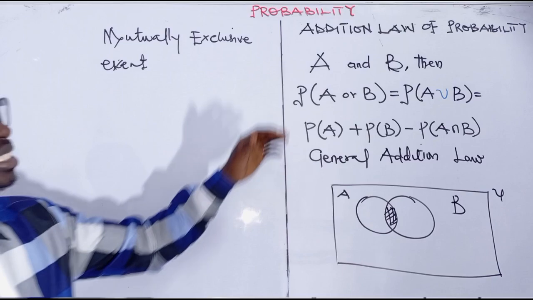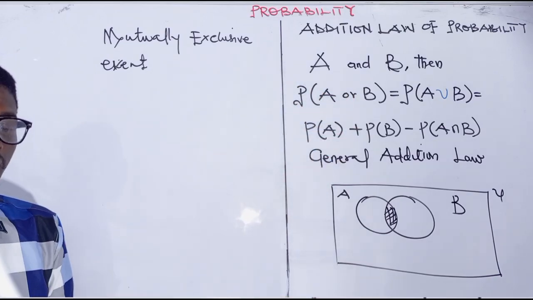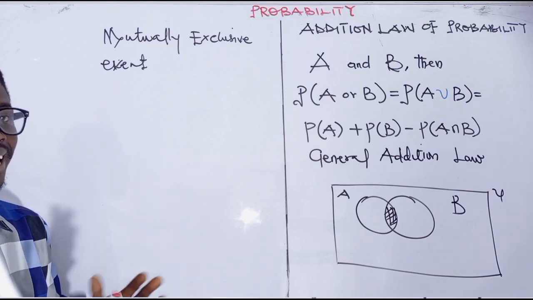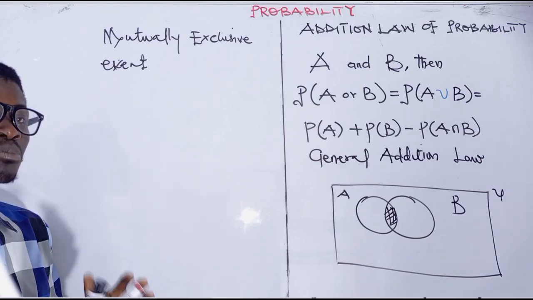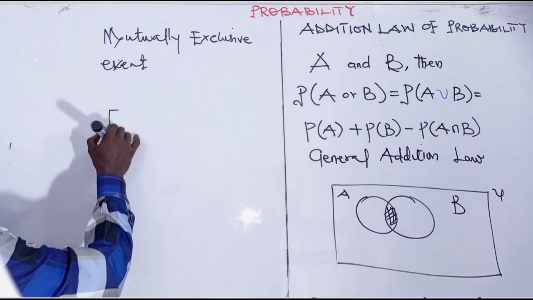Now, however, if A and B are mutually exclusive events, it means that event A and event B do not have anything in common. In other words, event A and event B cannot happen at the same time. An example of a mutually exclusive event is the flipping of a coin.